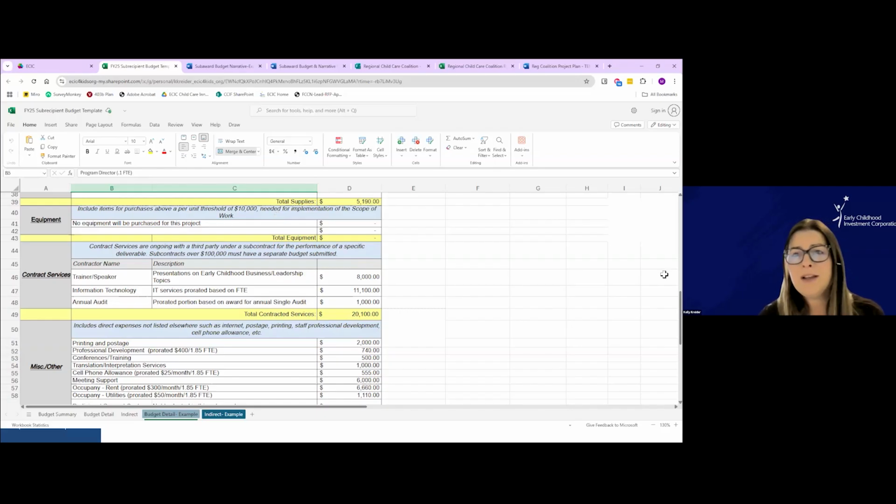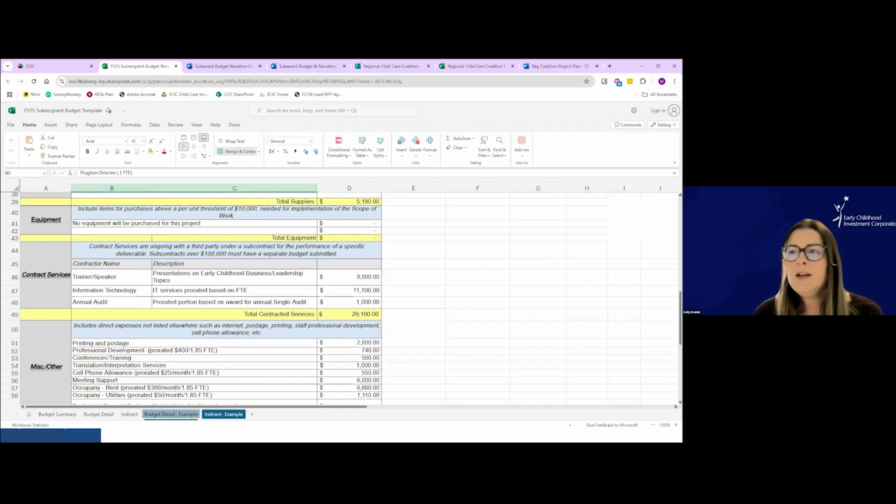So if you aren't planning to purchase anything of that dollar amount, again, as a per unit cost, please do just note both on this budget template and in your narrative, no equipment will be purchased for this project. That just helps ensure that we've got it documented and eliminates questions as we're moving throughout the course of the project.